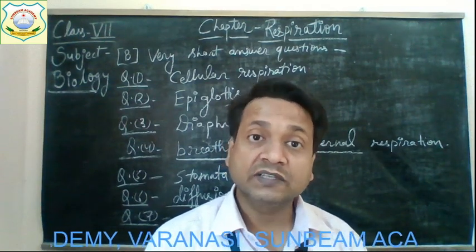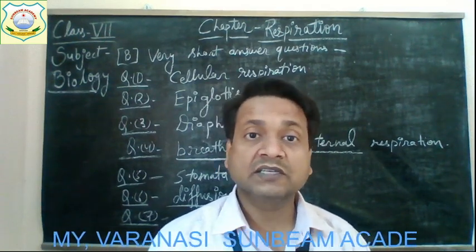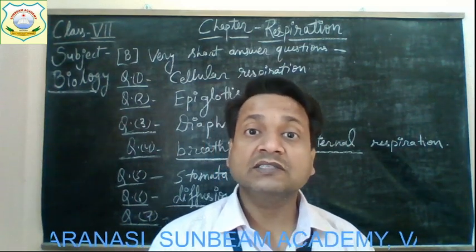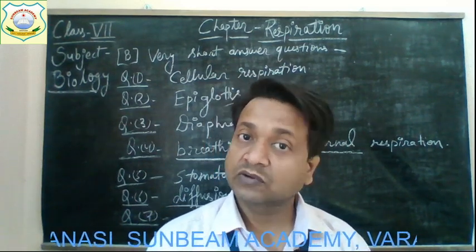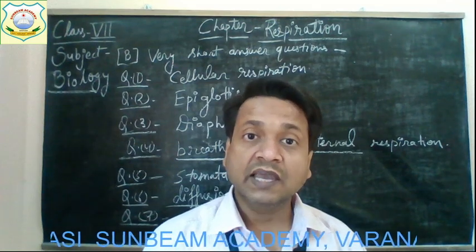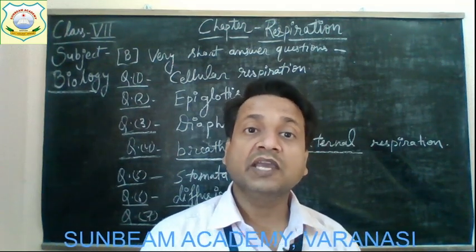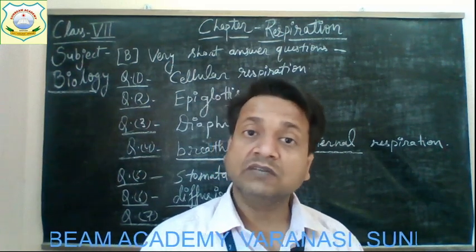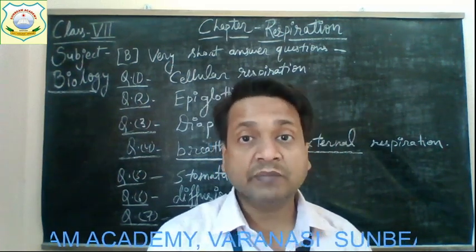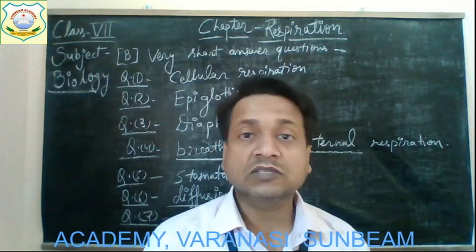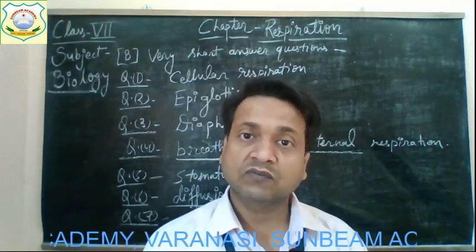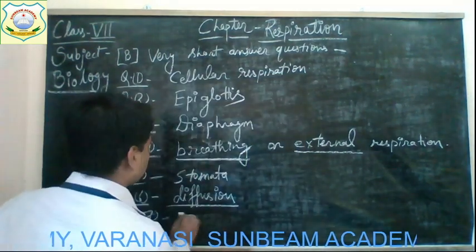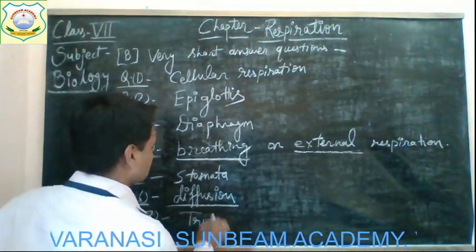Okay, so the statement is true, because the fishes have gills, and through these gills they can exchange the gases. The oxygen which is dissolved in water can be absorbed and the carbon dioxide can be removed from the body. Understood? So the statement is true.